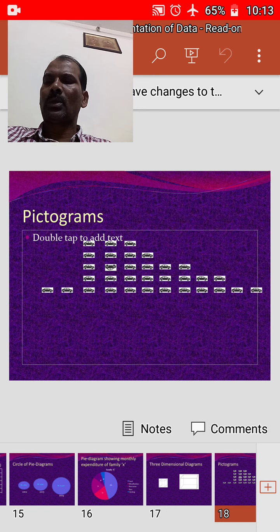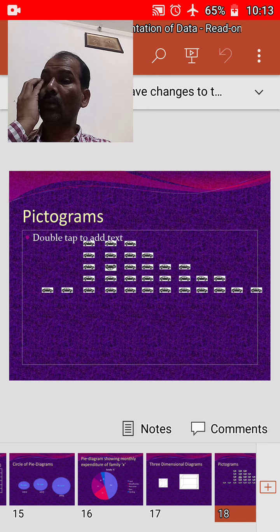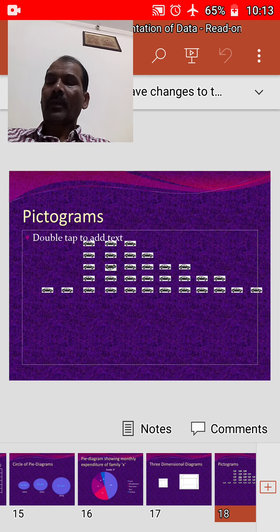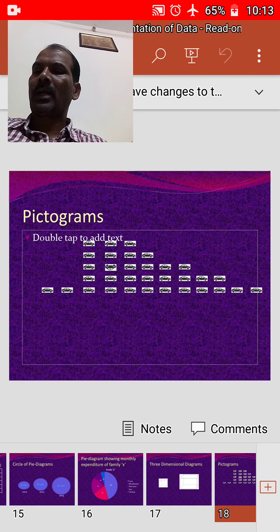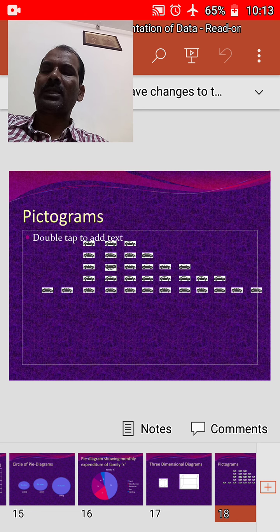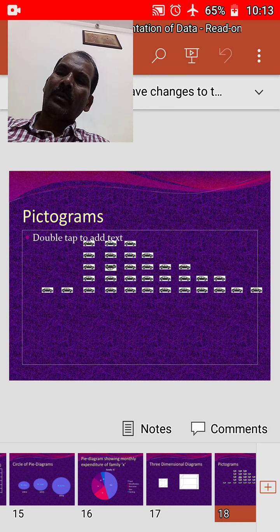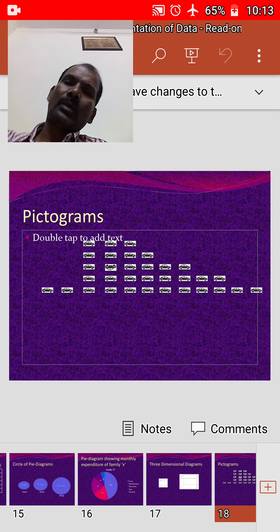Pictograms are used to attract the attention of masses in public places like exhibitions, trade fairs, etc., as they create an image which cannot be forgotten easily. However, it is not easy to construct a pictogram as it requires artistic talent. Further, it is not possible to show all the minute details of data in pictograms.